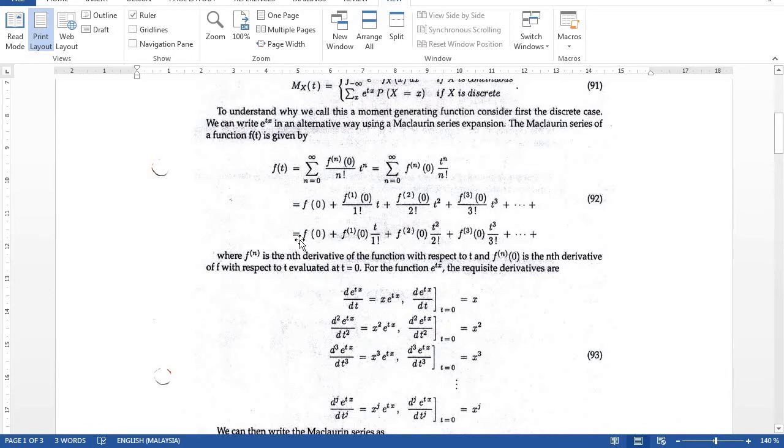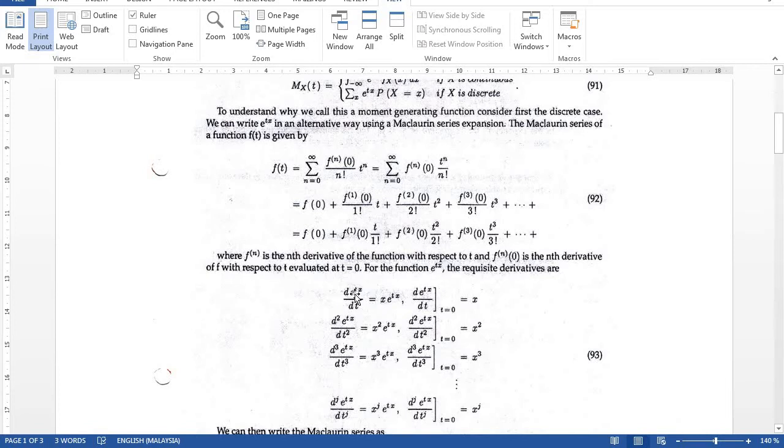This is without derivative. This one is the first derivative, second derivative, third derivative, and so on. Actually this one is equal to the derivative of the function. Now we replace the ft function with this term.